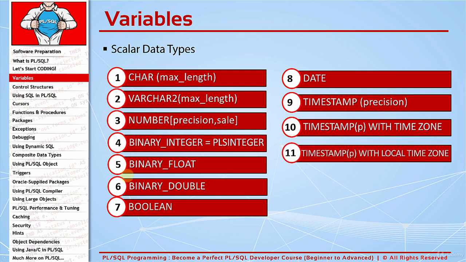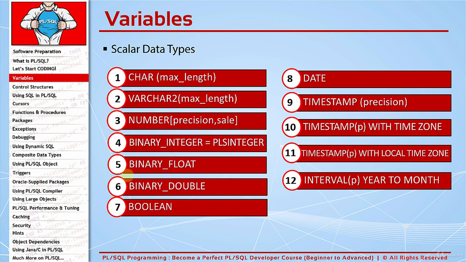Actually, this data type resembles timestamp with time zone. The difference is when you insert a value with this data type, it's stored in the database with the database's time zone, whatever your database time zone is set to. But when you query it, the Oracle server returns this value with the time zone of your session, your local time zone of your session.